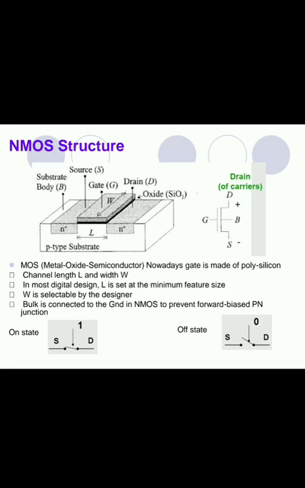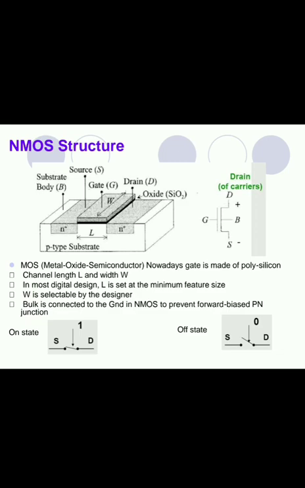So you can see here the metal oxide semiconductor field effect transistor, we are making using one substrate of a silicon layer. After that, we are taking its channel length and width. We are measuring the channel length and the width.